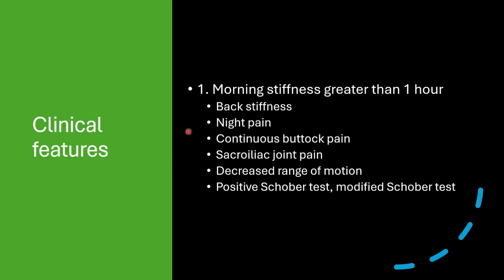Clinical features. The first part of the clinical features will be morning stiffness that will be greater than 1 hour. Then the individual will complain about back stiffness, pain at night, buttock pain that will be continuous in nature, pain at the sacroiliac joint, decreased range of motion, positive Schober test, and positive modified Schober test.